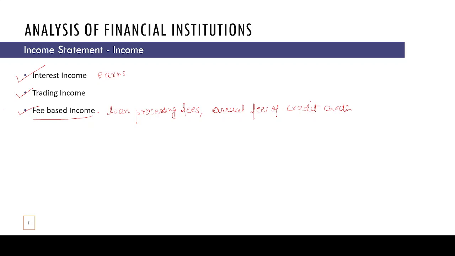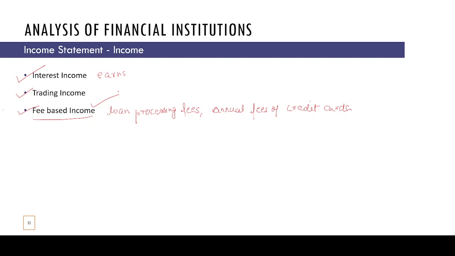And this fee based income is a very important part of any bank's profit and loss account, because this income is generated by the bank without lending any money, right? Okay, so these are the various sources through which a bank generates its income.